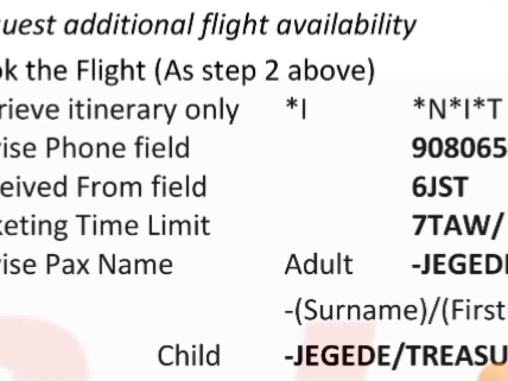So advise passenger name. To advise passenger name, if the passenger you're booking the flight for is an adult, you have a child, you have an infant. So for the purpose of this training, I have child, I have infant, and I have adult. So I'm gonna start with adult.